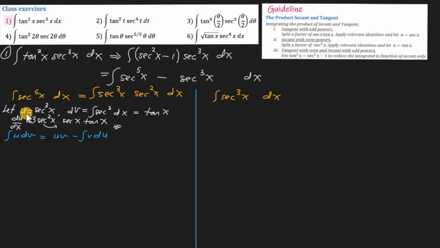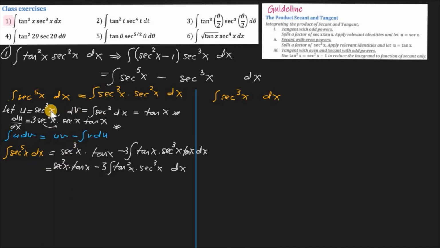Alright, and then hence, for our integral of secant power 5 x dx, plugging into the formula of IBP, integration by parts, let me fill out the numbers.